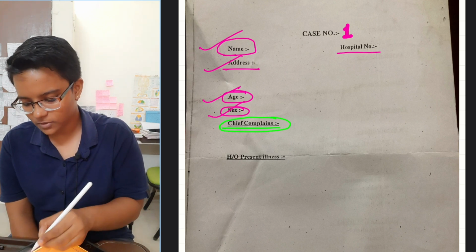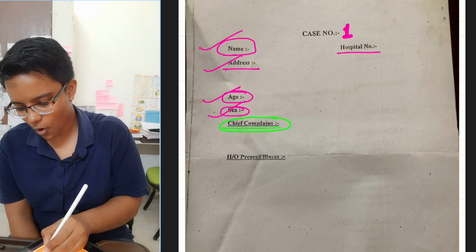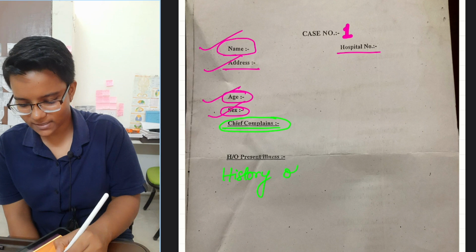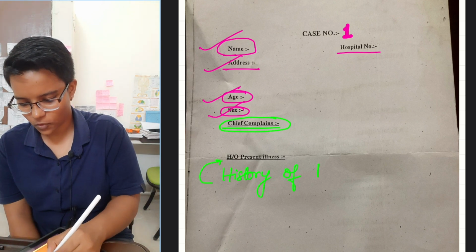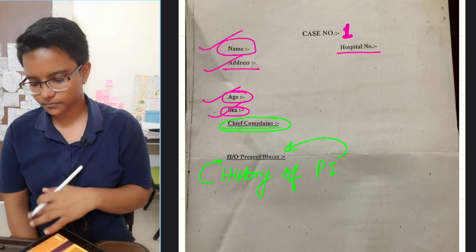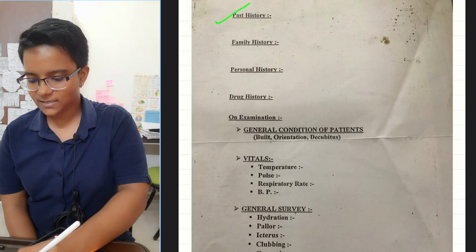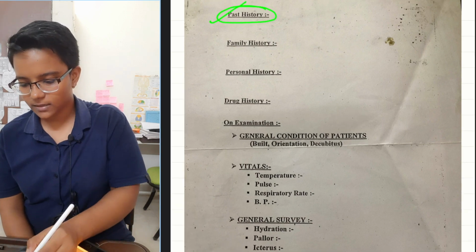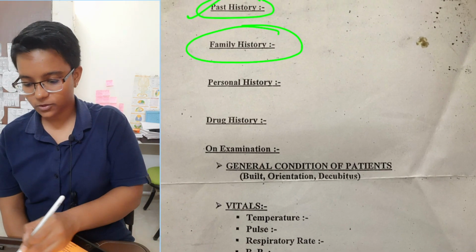And then comes the history of present illness. Here you can see history of the present illness. Now the past history, then family history.